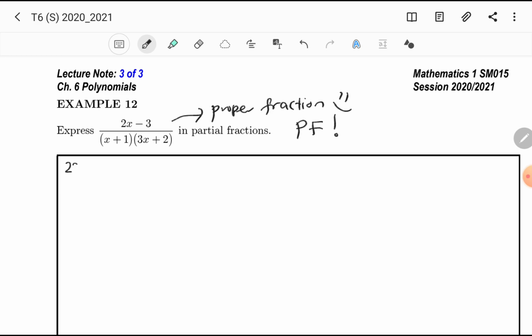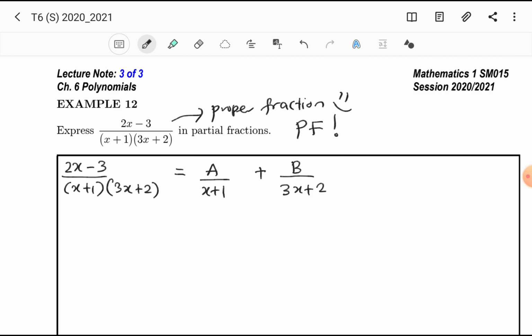Okay, so 2x minus 3 over x plus 1, 3x plus 2 can be written as a over x plus 1 plus b over 3x plus 2. Kenapa a dengan b? Because the factor is a linear function lah, linear factor.